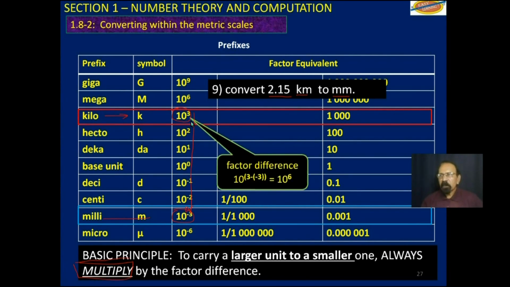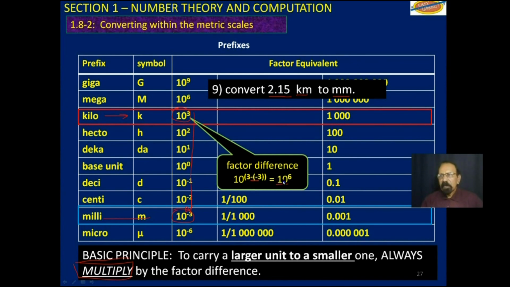10 to the third power divided by 10 to the negative third power. As I said, we are dealing with indices, so we will just subtract the indices. 3 minus minus 3. By now you know that would be 10 to the 6th power.